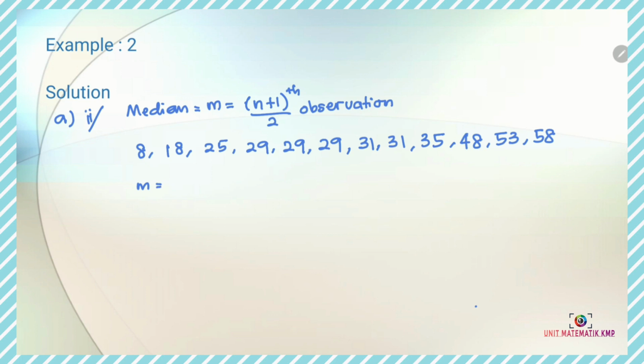Okay, we have here 12 data. So, the observation that we are going to find is here is 6.5.